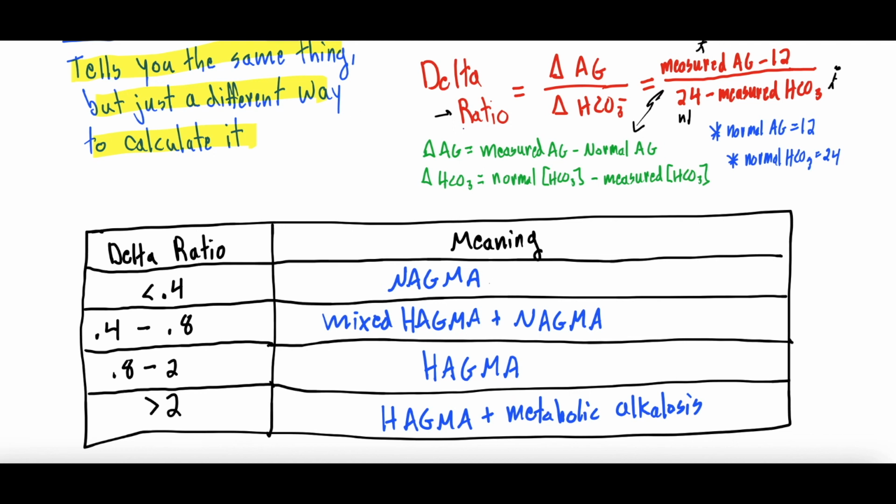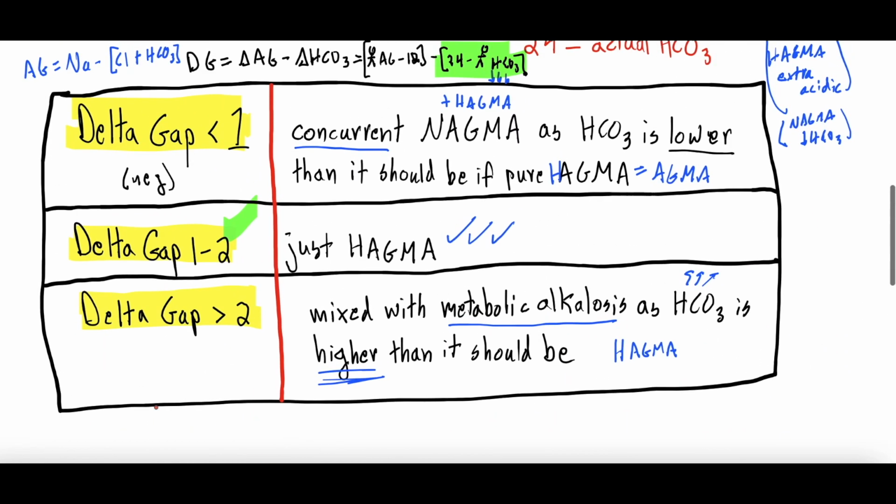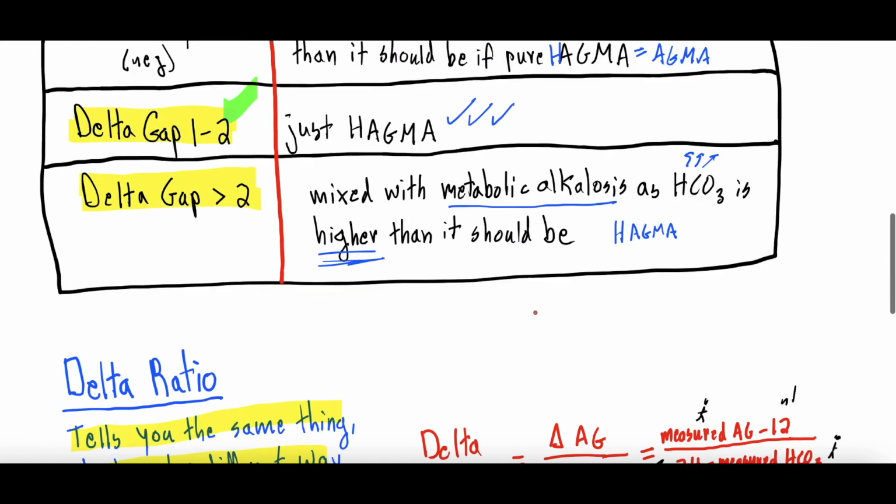People put this in here, but we tend to cross it out, because you shouldn't be doing the delta ratio if it's a non-anion gap metabolic acidosis to start with, because you would just know that based upon your initial anion gap calculation. Whereas these three are the equivalent to these three. So either you have a combined high anion gap and non-anion gap, you have just a high anion gap, or you have a high anion gap with a metabolic alkalosis.